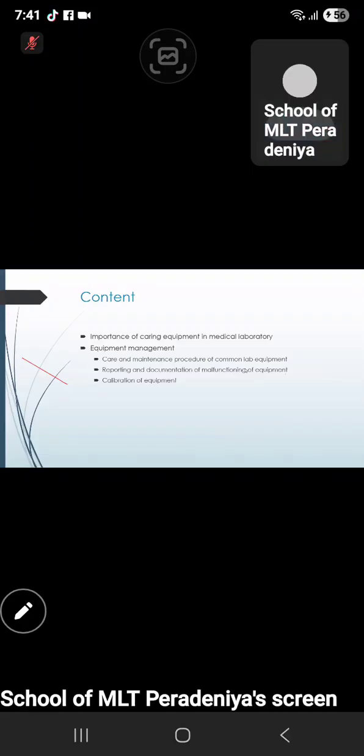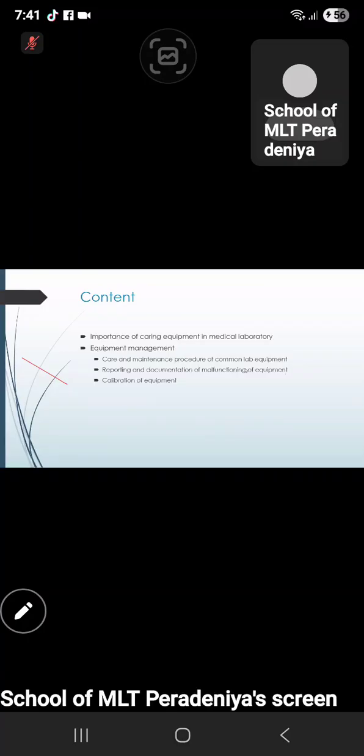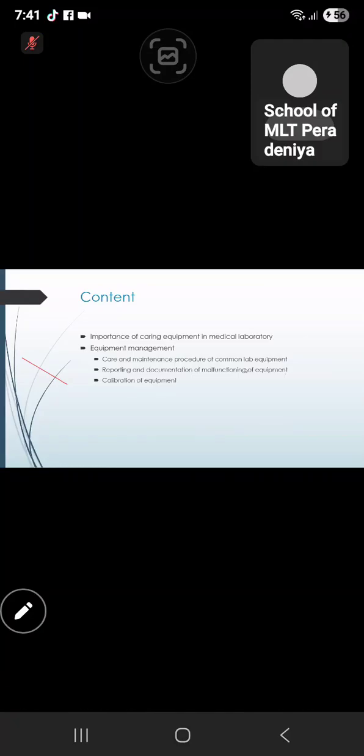In laboratory management, before we go to the topic, I'll try to give an overview. In laboratory management, there is a management part.